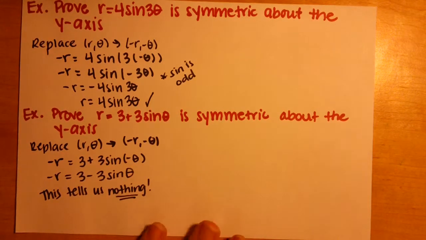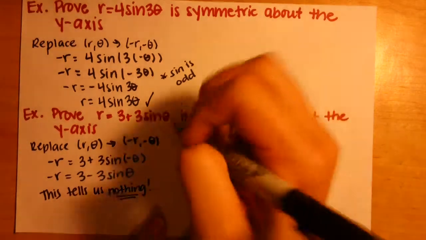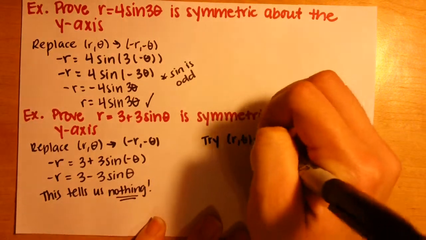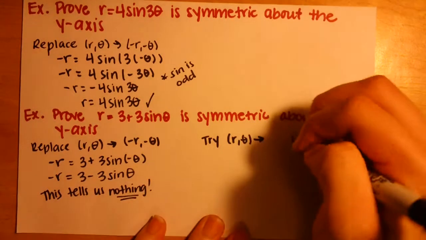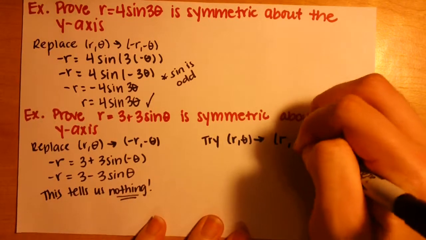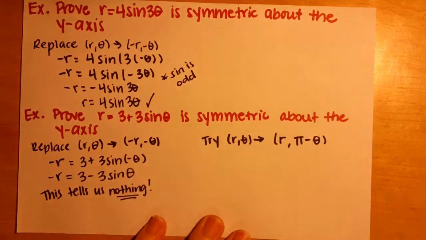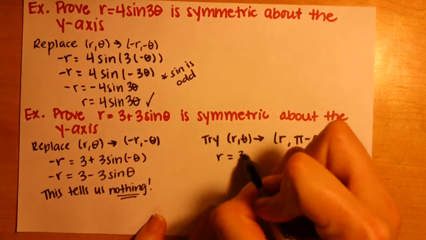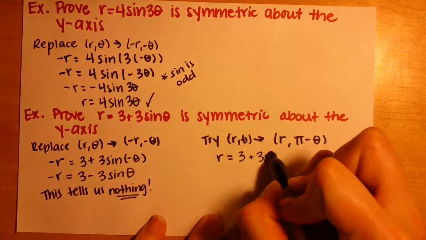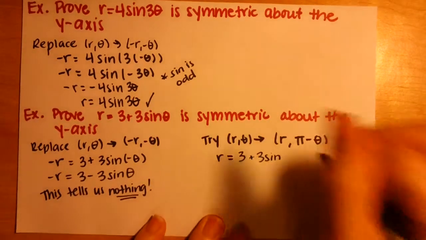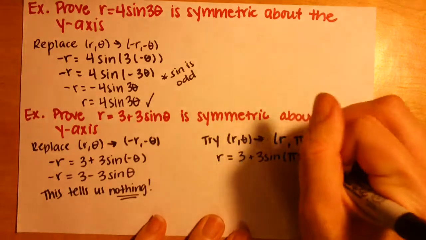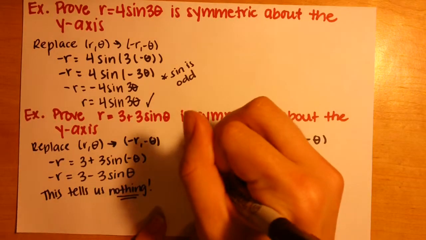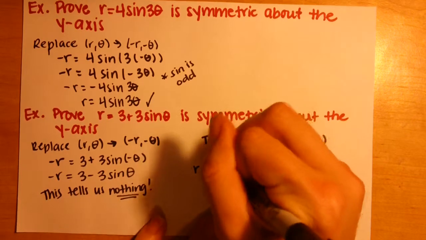So let's try and replace r, theta with the other equivalent, which was r, pi minus theta. Okay, so r goes to r, then we have 3 plus 3 sine, and then replace theta with pi minus theta. So now we're left with r equals 3 plus 3 times.